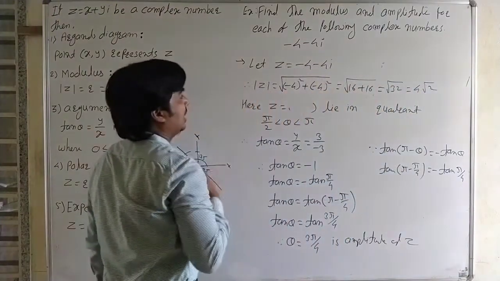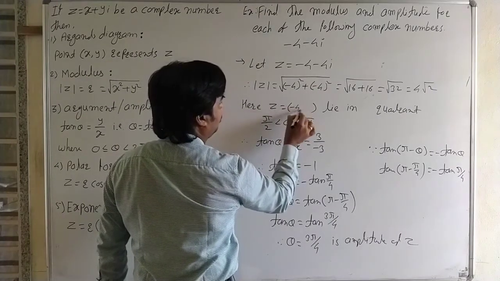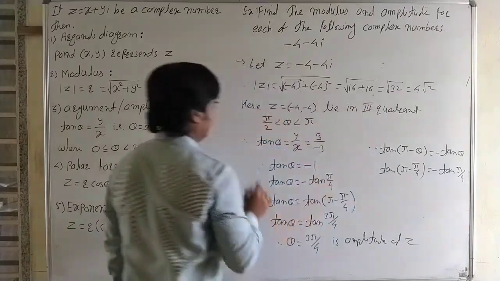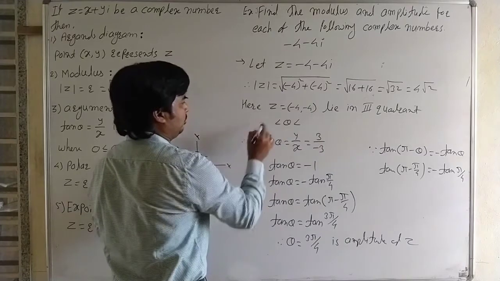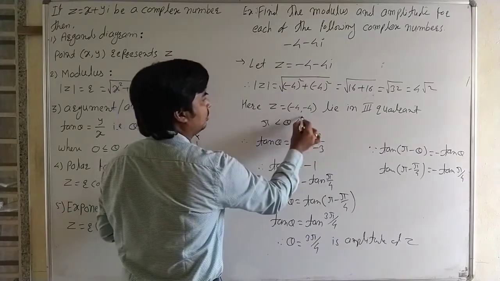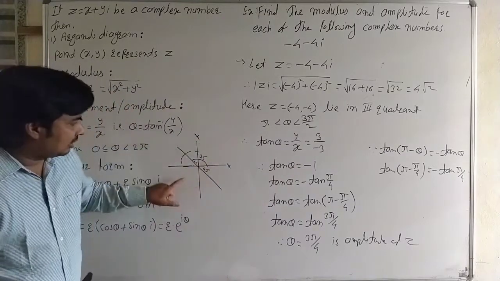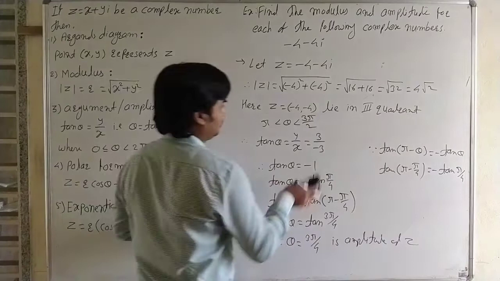It is the modulus. Now z represents the point (-4, -4), that is it lies in the third quadrant. Therefore the angle θ is between 180 and 270 degrees, as it lies in the third quadrant.